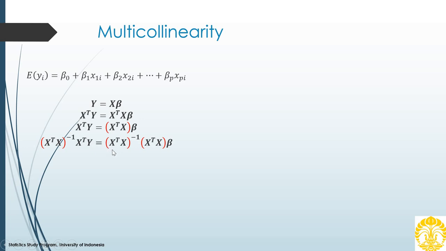So x transpose x inverse multiplied by x transpose x gives us an identity matrix. An identity matrix multiplied by the beta is just the beta itself. So we get the solution: the estimated beta coefficient for the regression is given by x transpose x inverse multiplied by x transpose y.